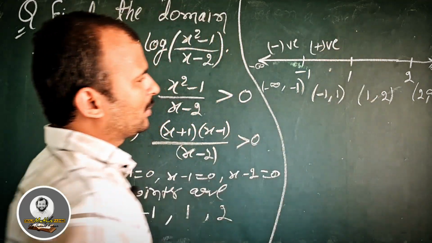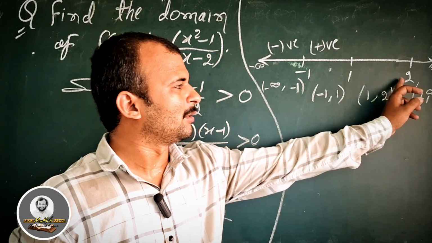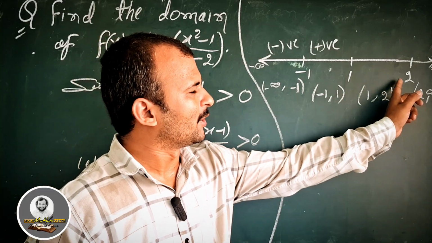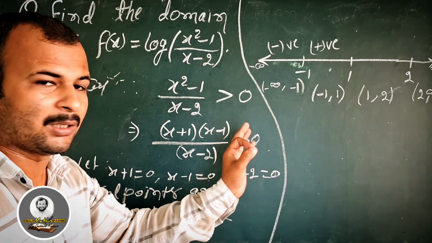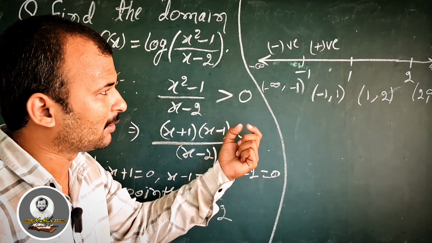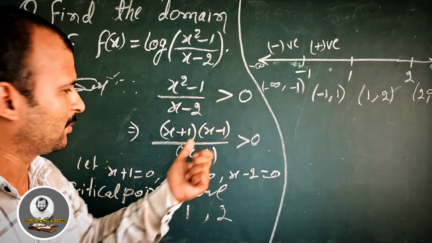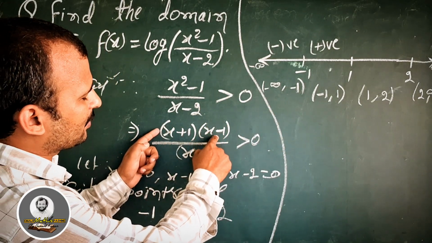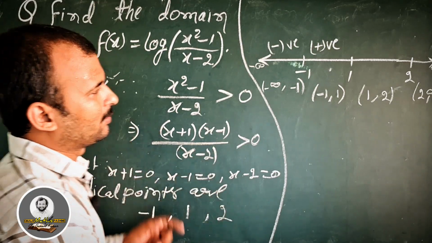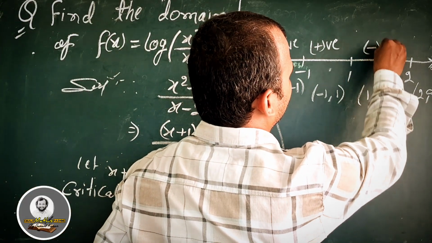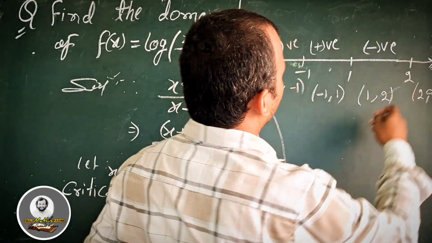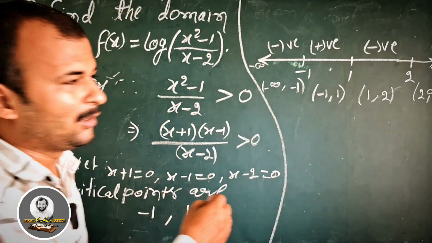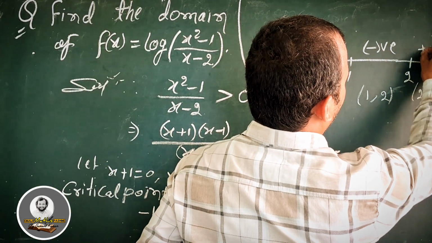And if we put from the interval between 1 and 2, x = 1.5, then we get this positive, this positive, and this negative, means here we get negative. The sign alternates, therefore the last interval must be positive.